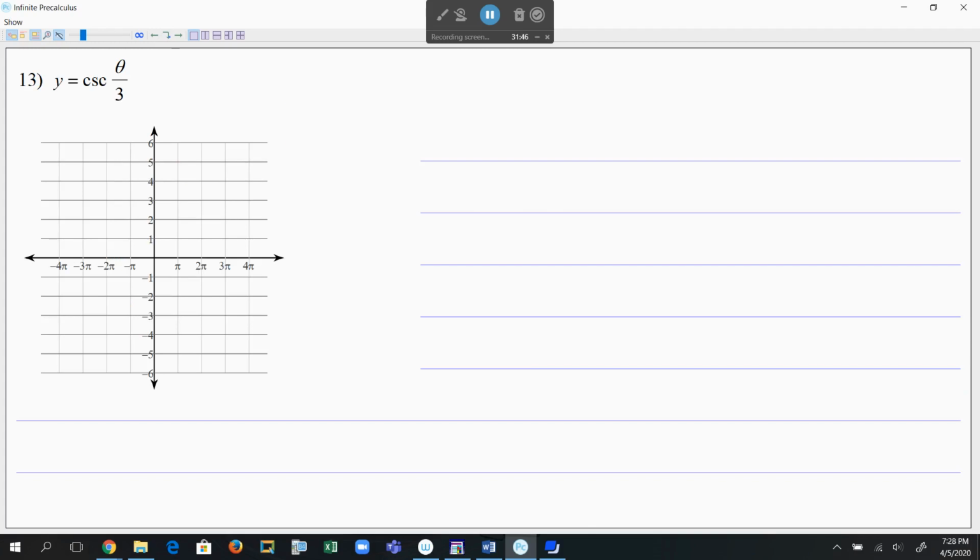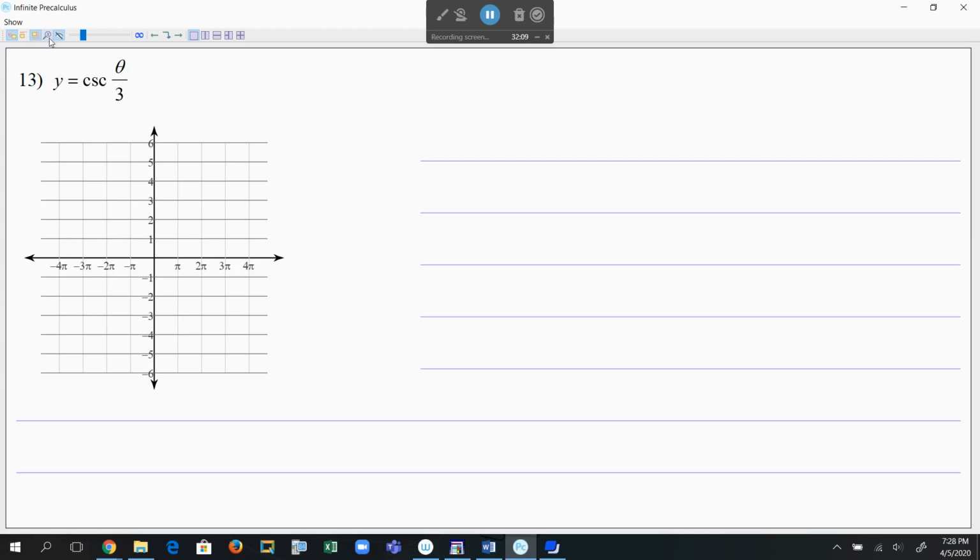This is the cosecant function again, but you can see right here that compared with our parent function, the period will not be 2 pi, because the coefficient in front of theta is 1/3.